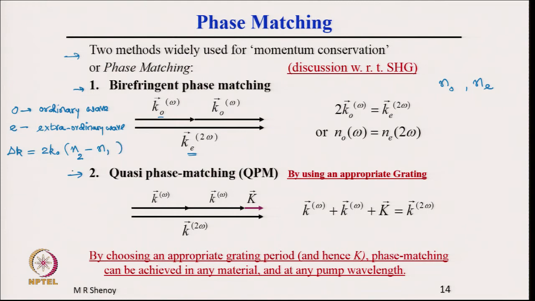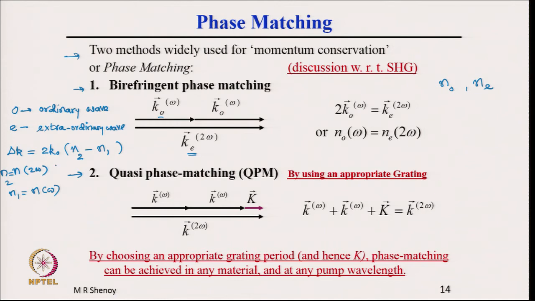What is n 2? n 2 is the refractive index at 2 omega, and n 1 is the refractive index at the frequency omega.